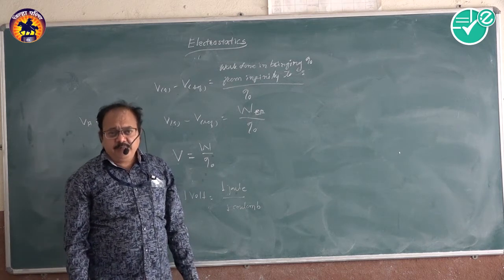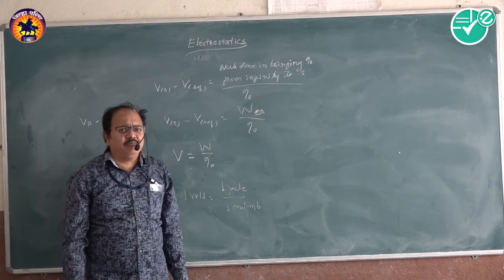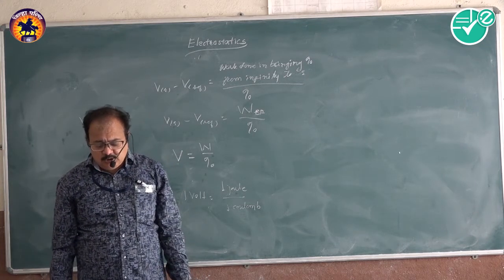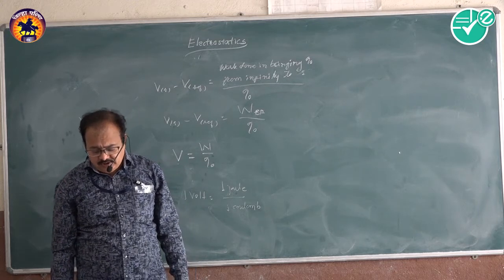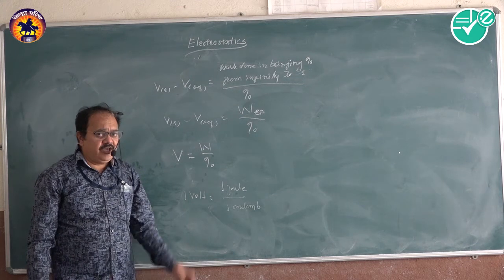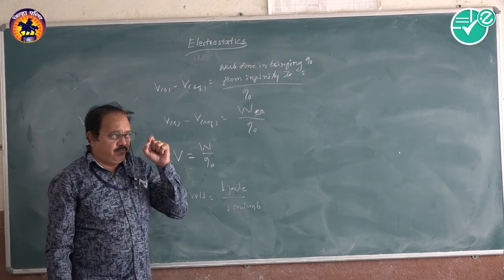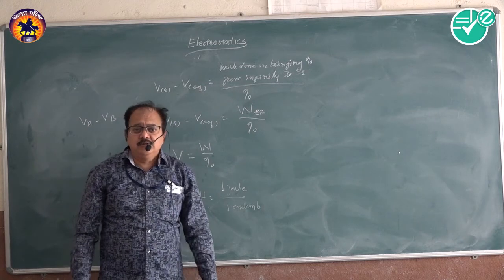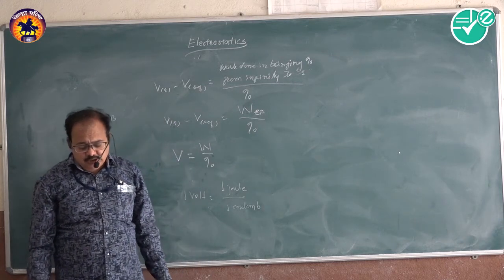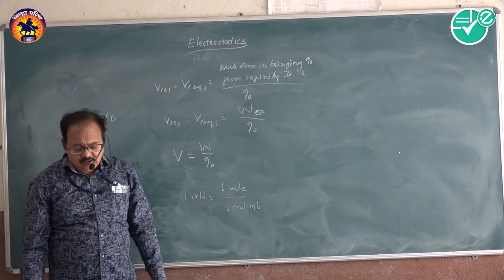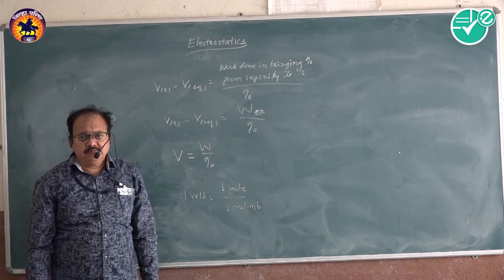Electric potential depends on the following things. We already know that electric potential depends on the position of the point in the electric field, where exactly the reference point is situated, and the medium.